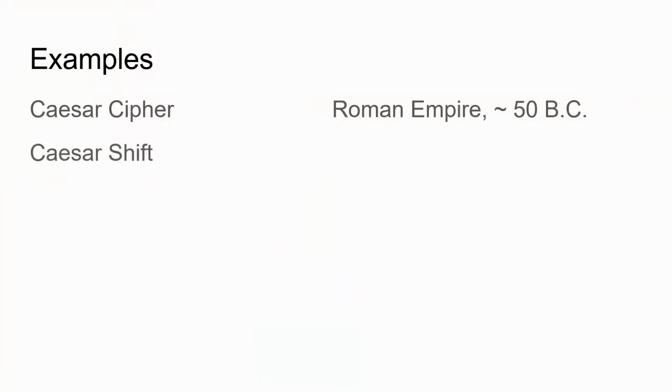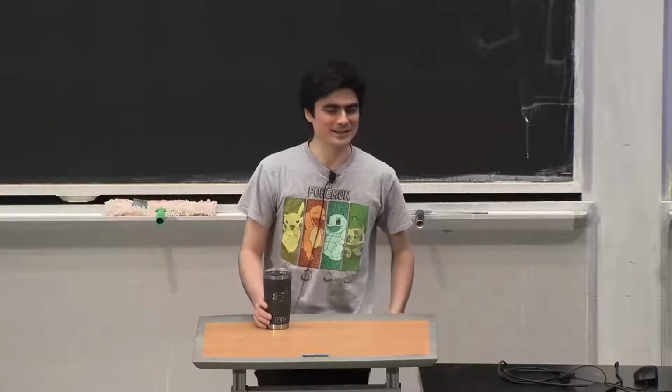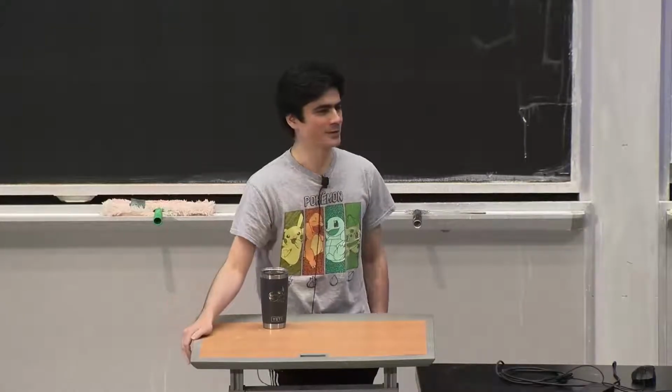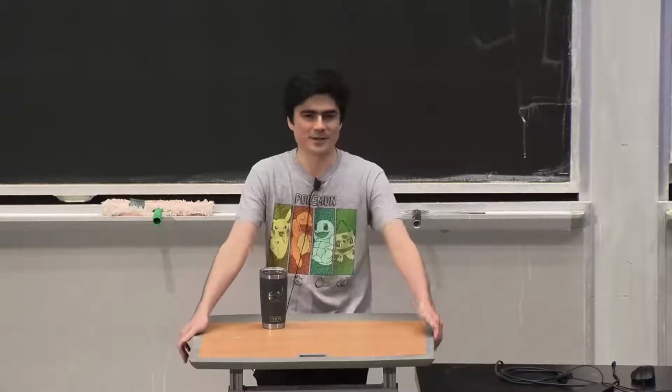Now what you're thinking of is the Caesar shift, which is slightly better, right? So one problem with the Caesar cipher is you don't really have a key, right? It's what we call cryptography by obscurity. So the only reason it might be secure is if nobody else knows you're doing it.